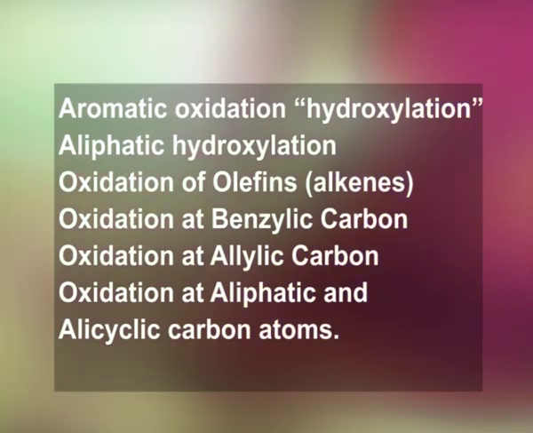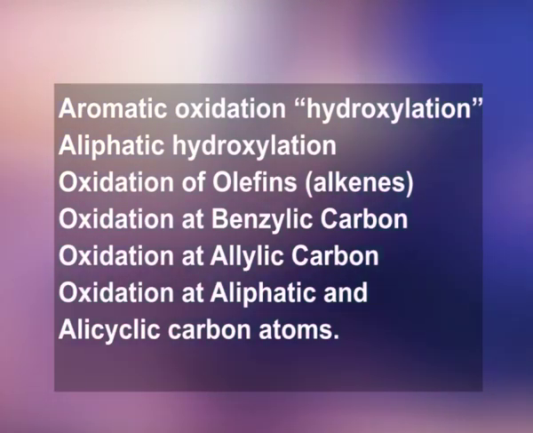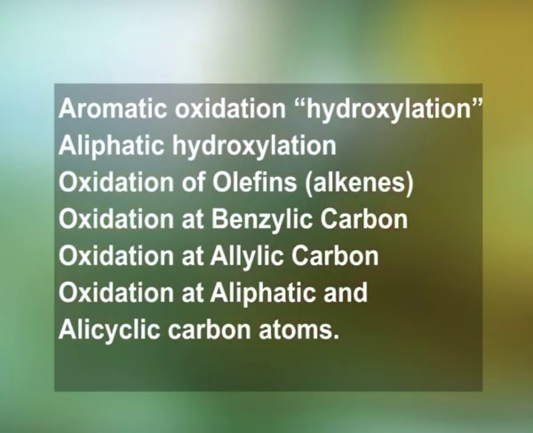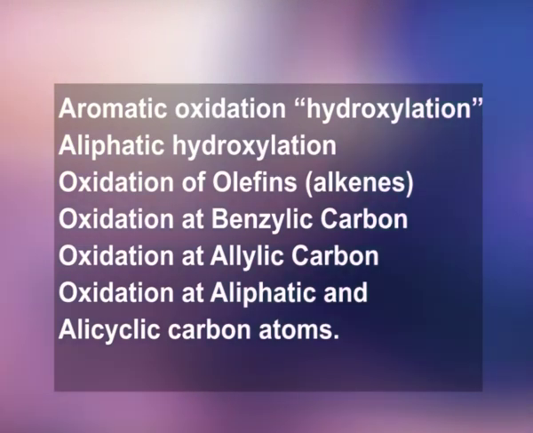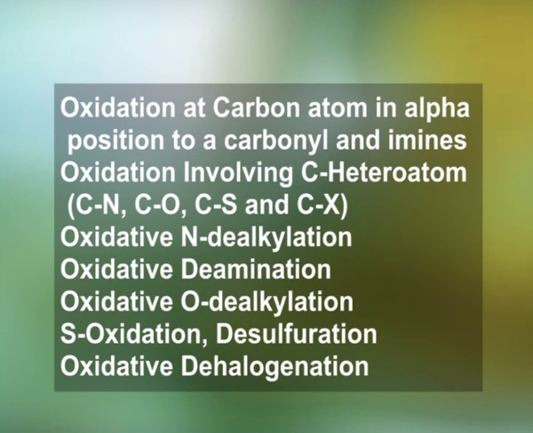CYP biotransformations, that is monooxygenation: chemically diverse small molecules are converted generally to more polar compounds. Reactions include aromatic oxidation, hydroxylation, and aliphatic hydroxylation, which further includes oxidation of olefins, that is alkenes, oxidation at benzylic carbon, oxidation at allylic carbon, oxidation at aliphatic and alicyclic carbon atoms, and oxidation at carbon atom in alpha position to a carbonyl and imines.